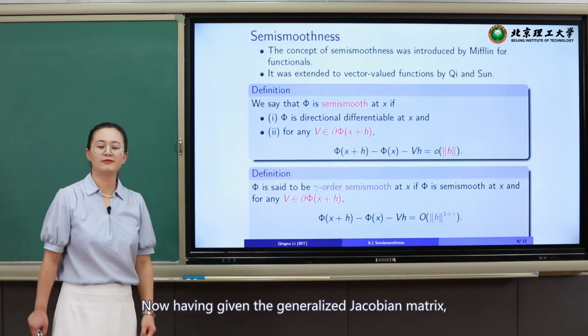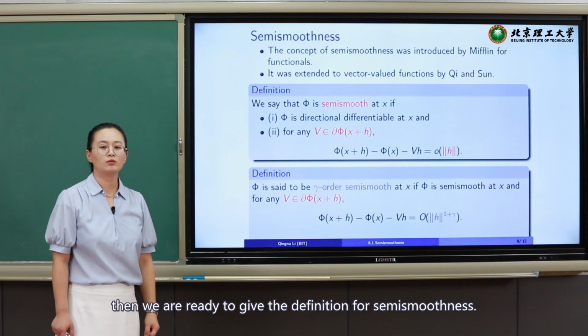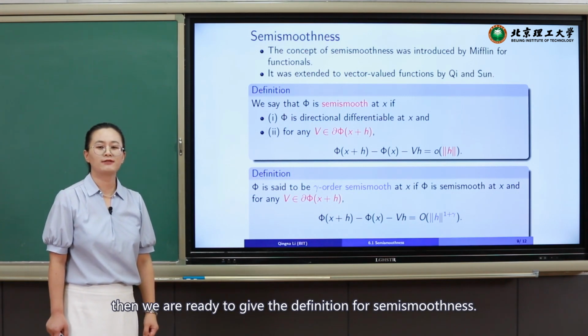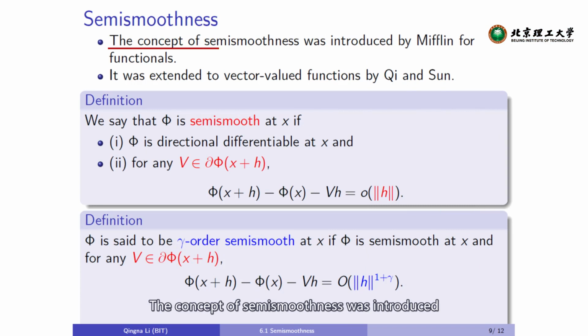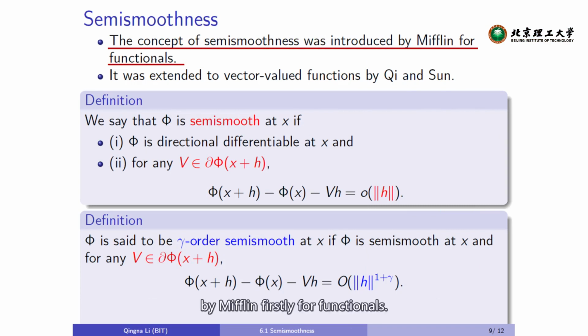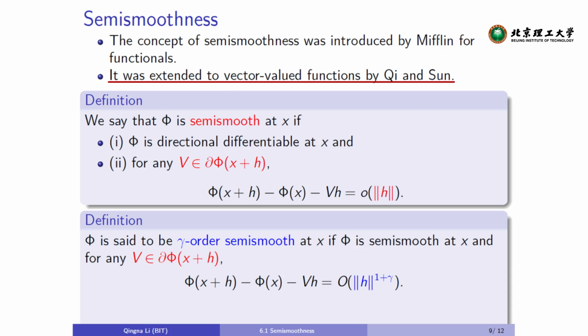Now, having given the generalized Jacobian matrix, we are ready to give the definition of semi-smoothness. The concept of semi-smoothness was introduced by Mifflin, firstly for functionals, and then it was extended to vector-valued functions by Qi and Sun.